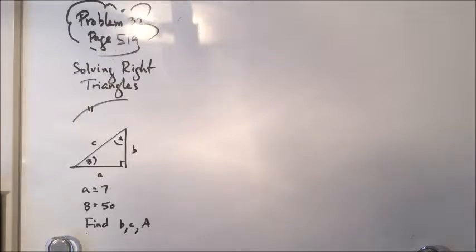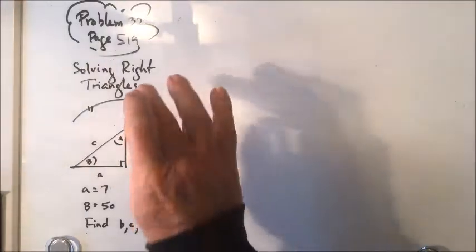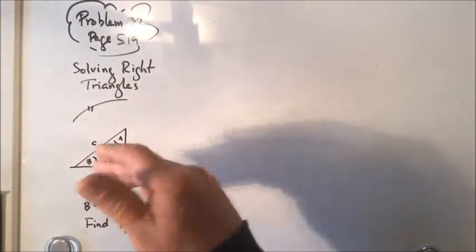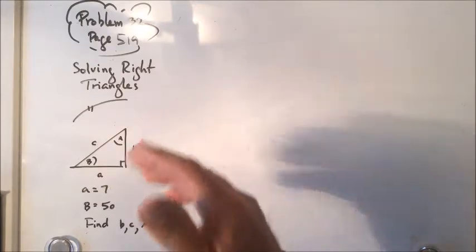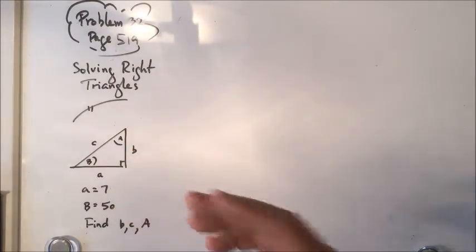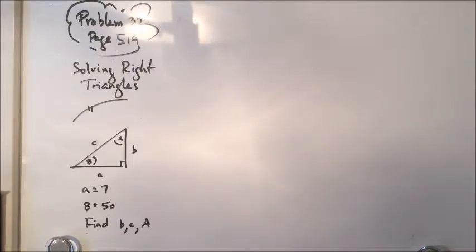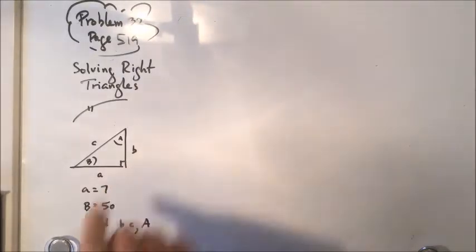We're going to start slow by solving right triangles and build to solving just general acute and obtuse triangles that do not necessarily have a right angle.